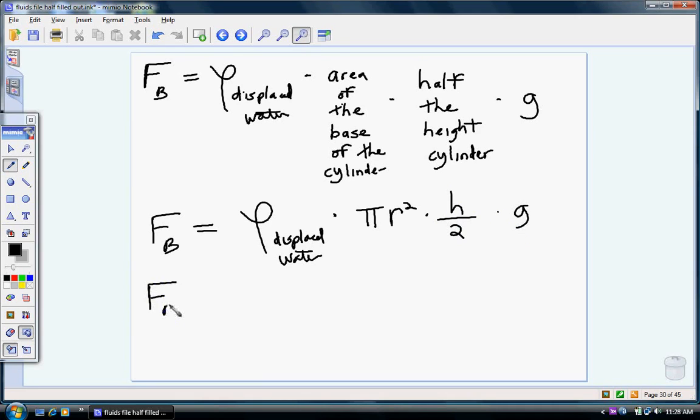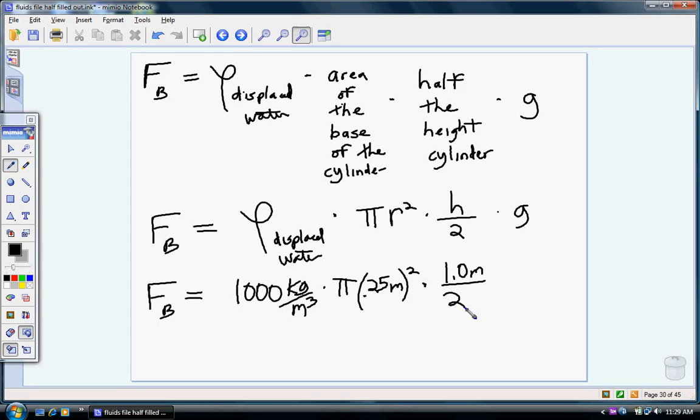So FB equals the density of the water, which is 1,000 kilograms per meter cubed, times pi times 0.25 meters squared, times 1 meter, which is the whole height of the cylinder, divided by 2, because half of it is underwater, times 10 meters per second squared.